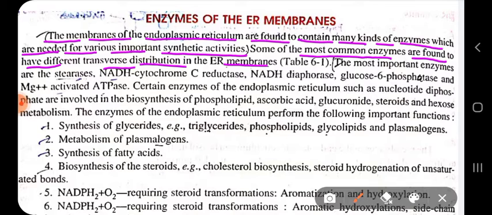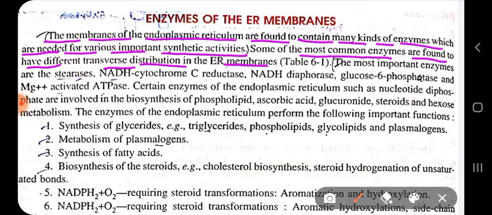It means that these enzymes are found on different sides of the ER membrane. Some of the enzymes are found on the cytoplasmic phase of the ER membrane. Some of the enzymes are found in the lumen, that means inside the hollow space of the ER.